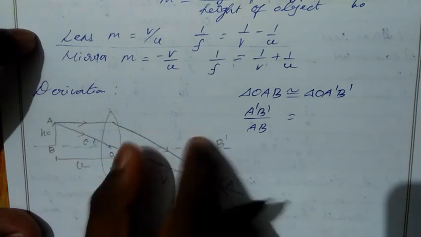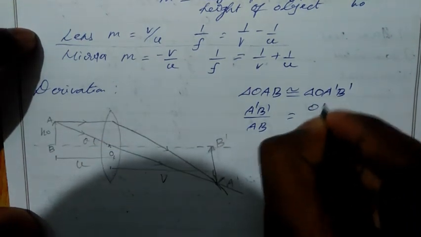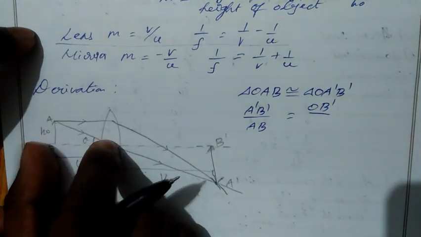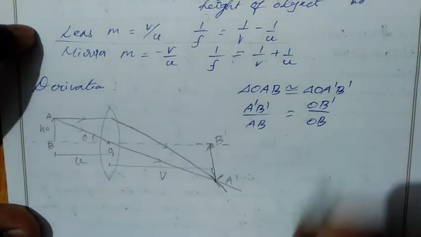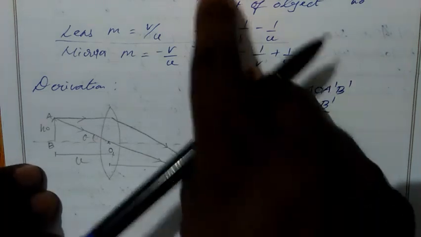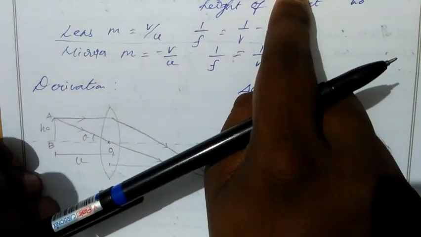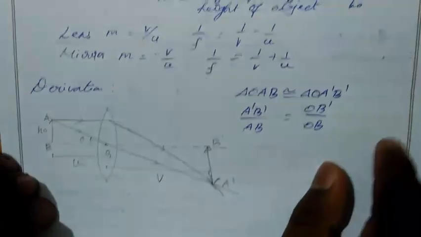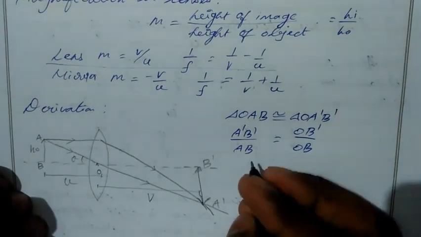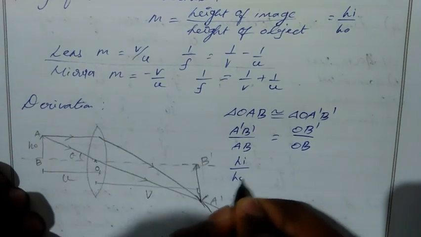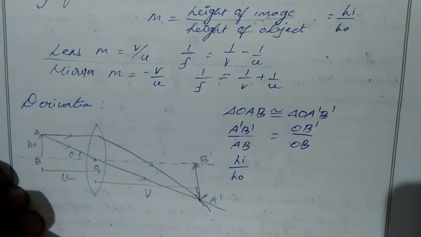For A dash B dash this is the base, so the base is OB dash, divided by, for AB, this base OB. What is A dash B dash? A dash B dash is the height of the image. What is AB? AB is the height of the object. Then height of image over height of object we can write as Hi by Ho. But we have to write it with sign convention.